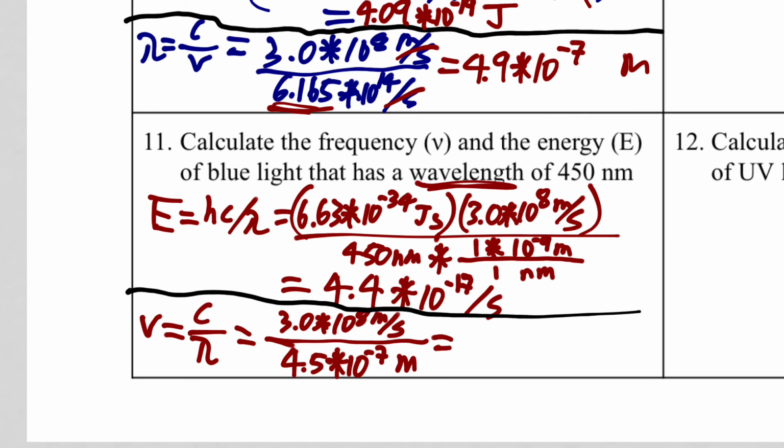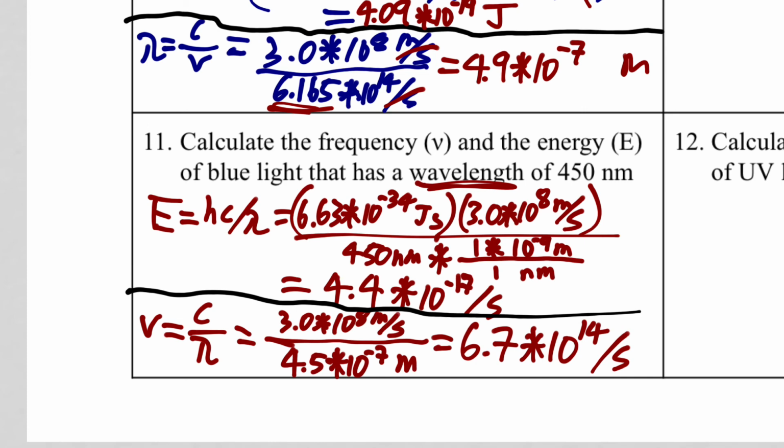And that should leave us with about 6.7 times 10 to the 14th power in per second term, because that should be the rough amount.